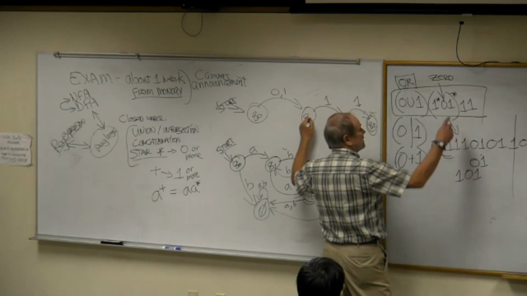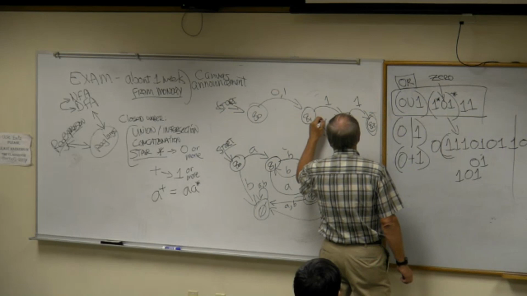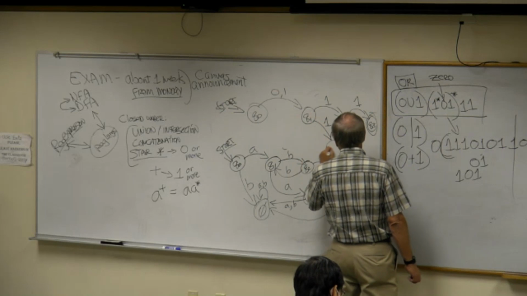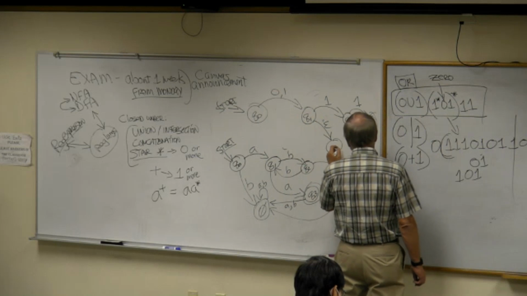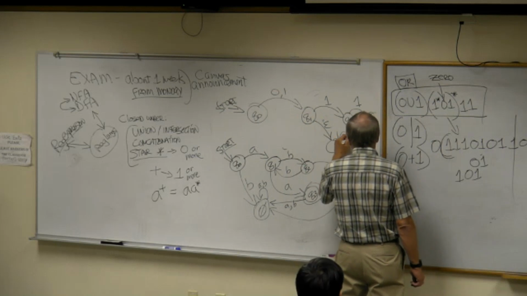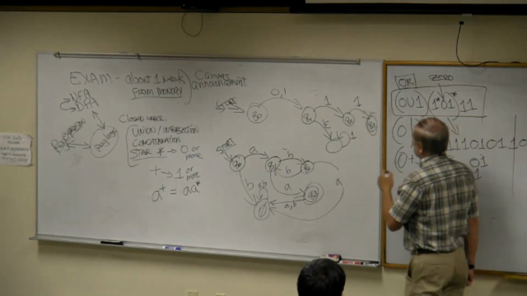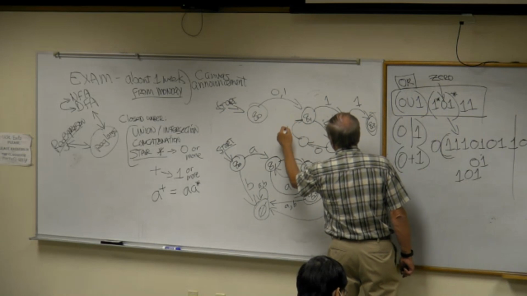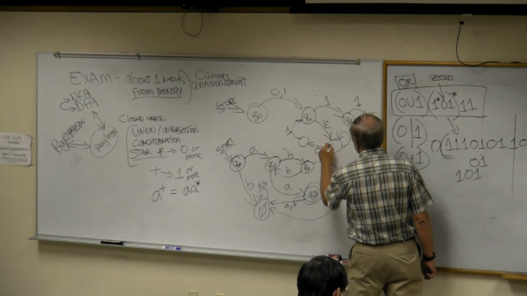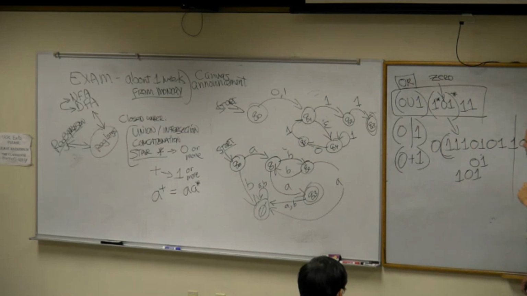Okay, so optionally, you can take a ride down to the 1 star, as long as you take back a 0, 1. What do you think?